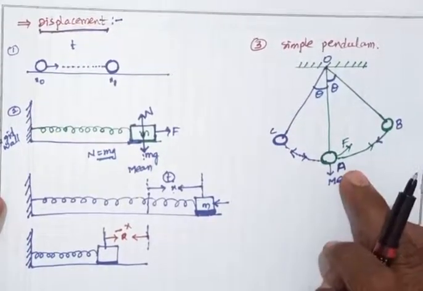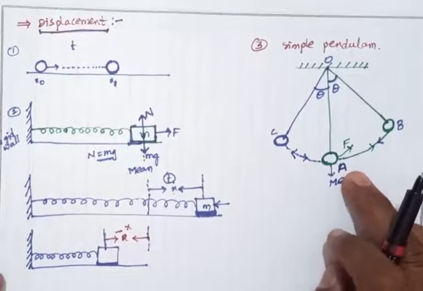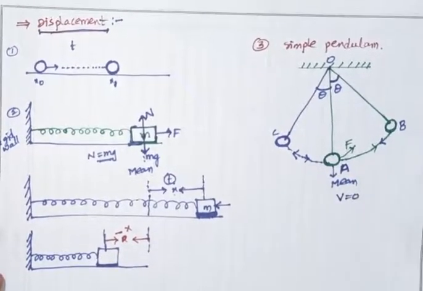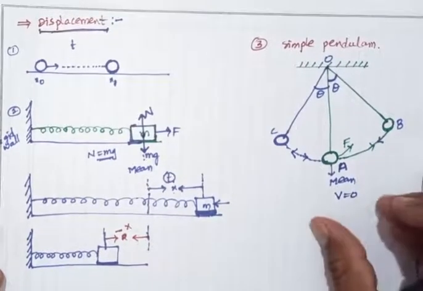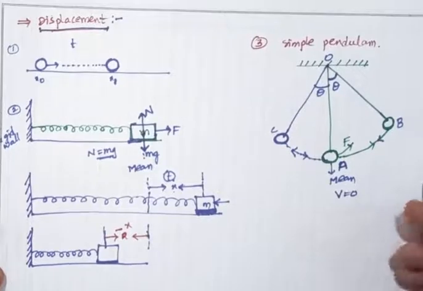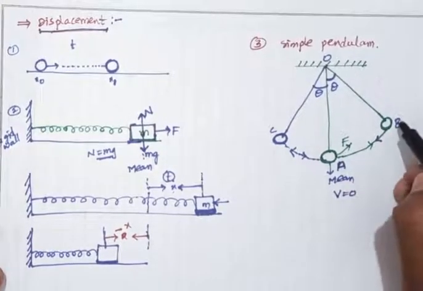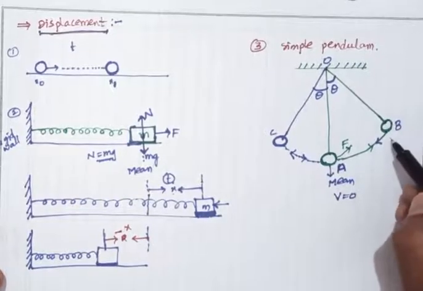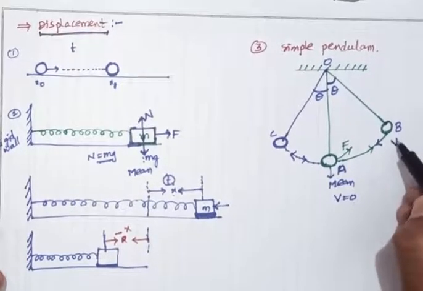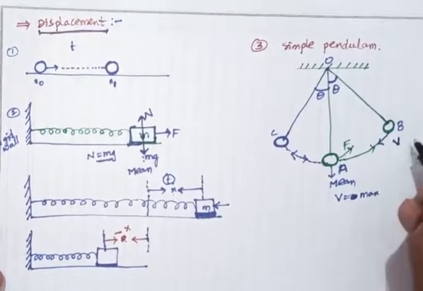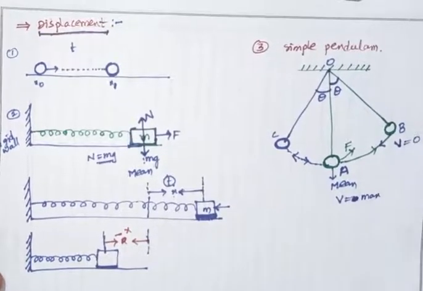At capital A, the velocity is maximum, and it has kinetic energy. When it moves in this direction to point B, the velocity becomes 0, and it has potential energy here.